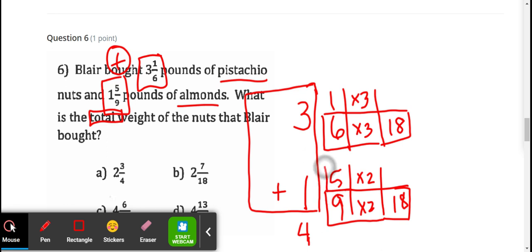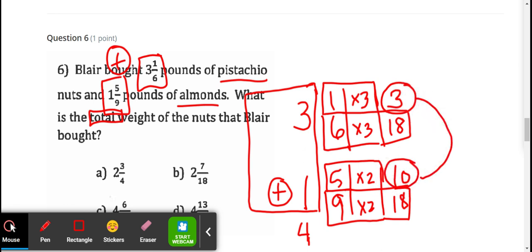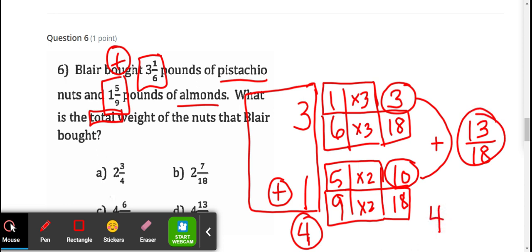So now we change the numerators also. 5 times 2 is 10. And then we have 1 times 3, which is 3. So we are adding. We come over here and identify the numerators. We're going to add them. So 3 plus 10 is going to be 13 over 18. And then we put it all together. 4 and 13/18.